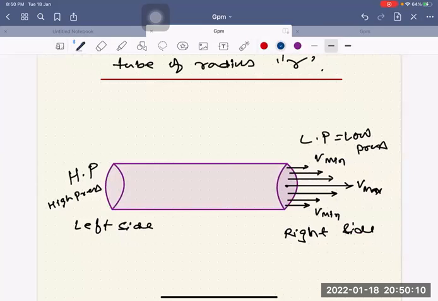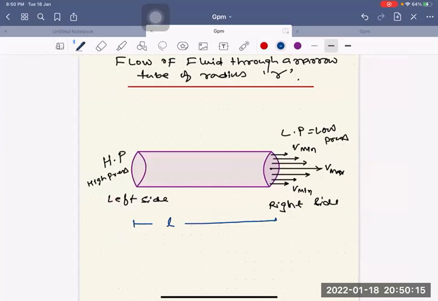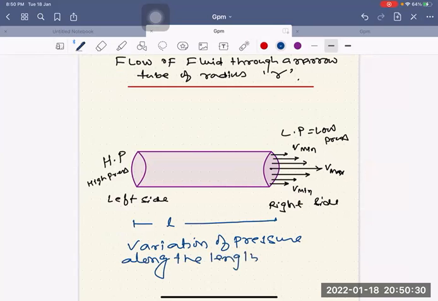If this length is L, suppose this length is L, so there is a variation of pressure along the length of the tube.